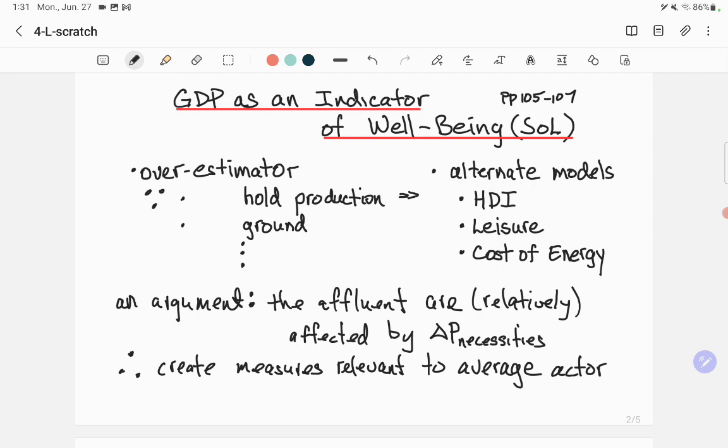GDP as an indicator overestimates the value of all goods and services in an economy. Overestimates. Why? Think of an example.